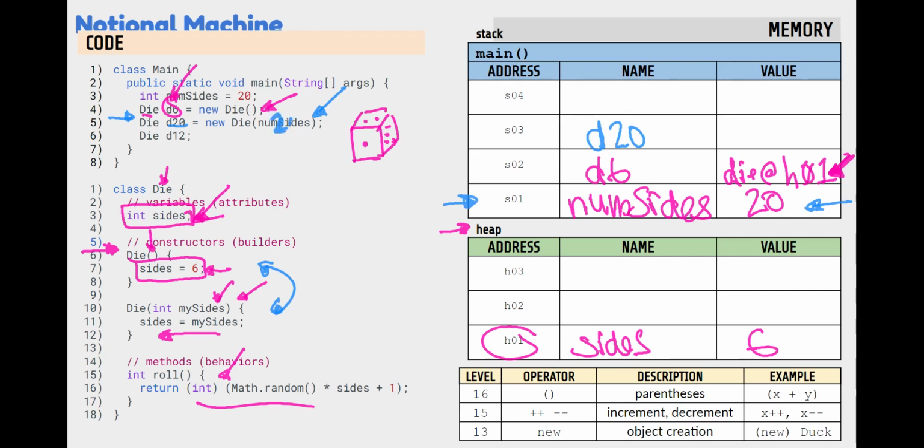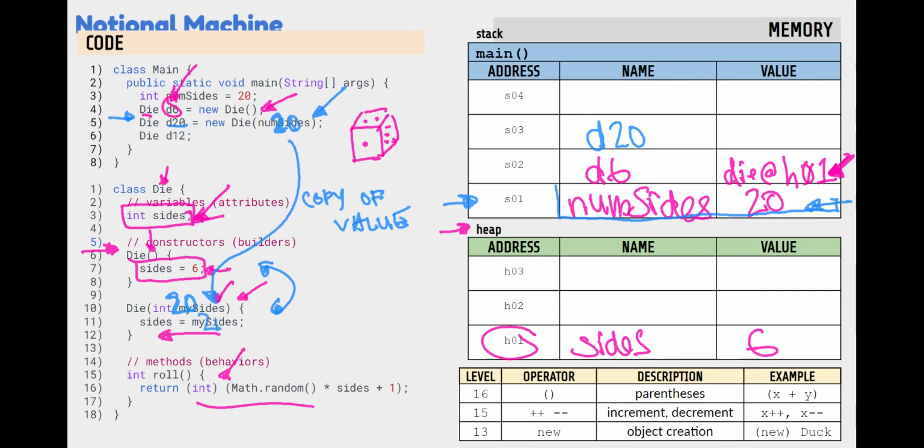This will evaluate to a 20, and we're going to pass the 20 in as this parameter. So it gets a copy of that 20. It actually doesn't get this variable from stack memory. It just gets a copy of the value.